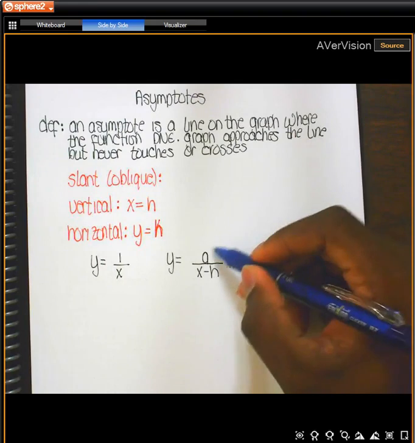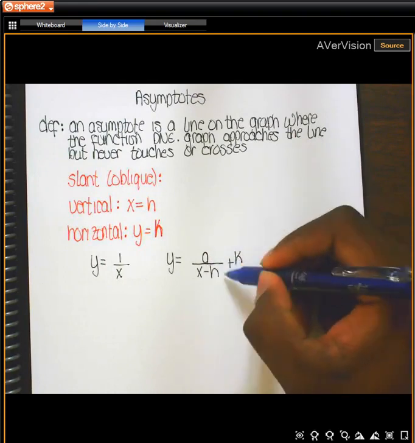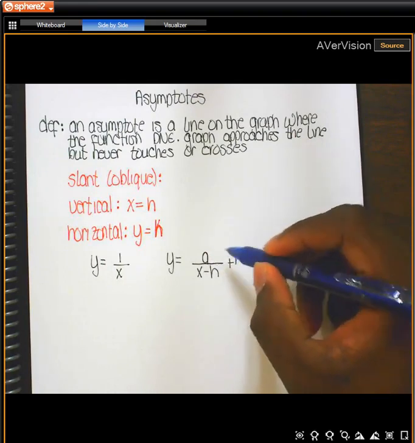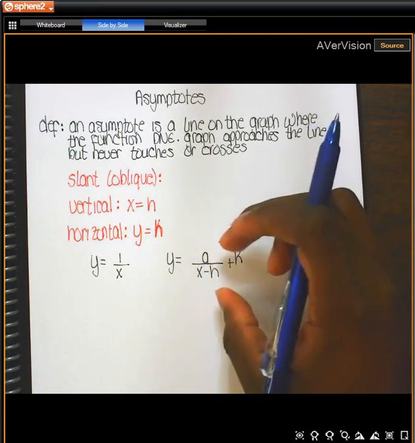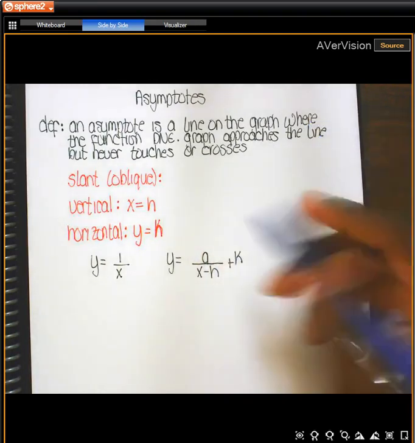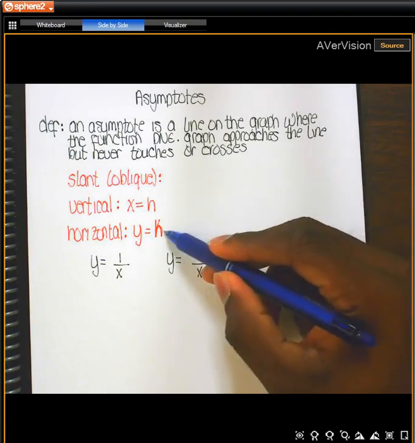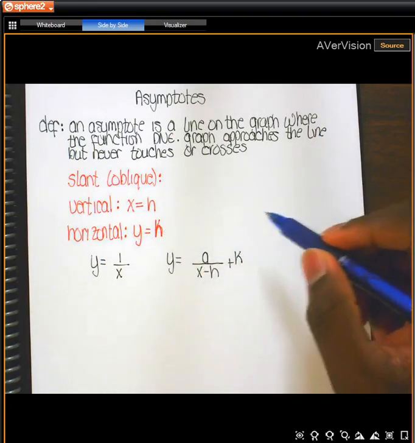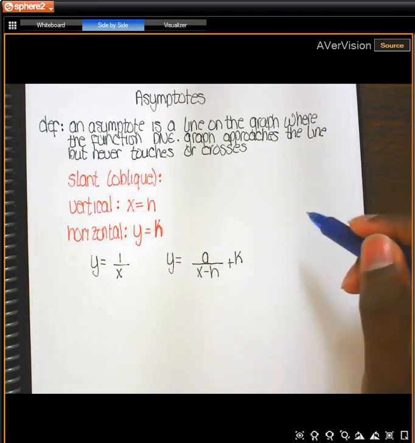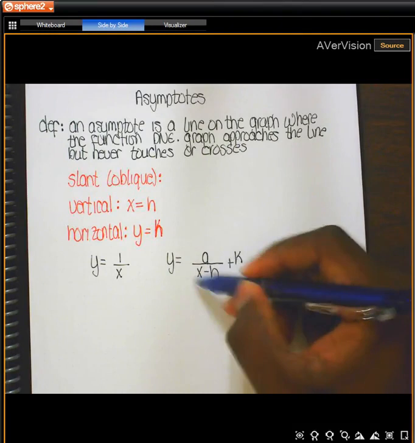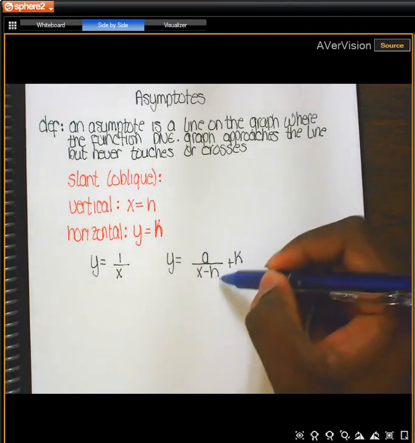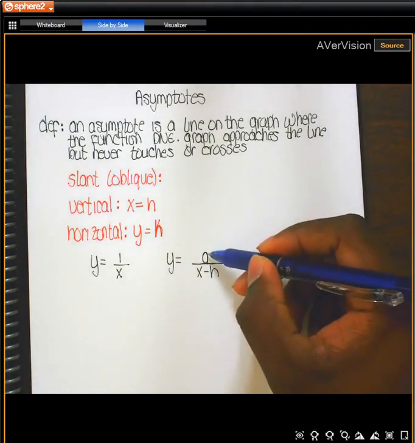So if a does not equal 0 and the denominator cannot equal 0, then there's no way for this whole fraction to be 0. So that means there's no way for y to equal k. That is why we have a horizontal asymptote at y equal to k. Does that make sense? Because we cannot get this fraction to be 0 when a is not equal to 0.